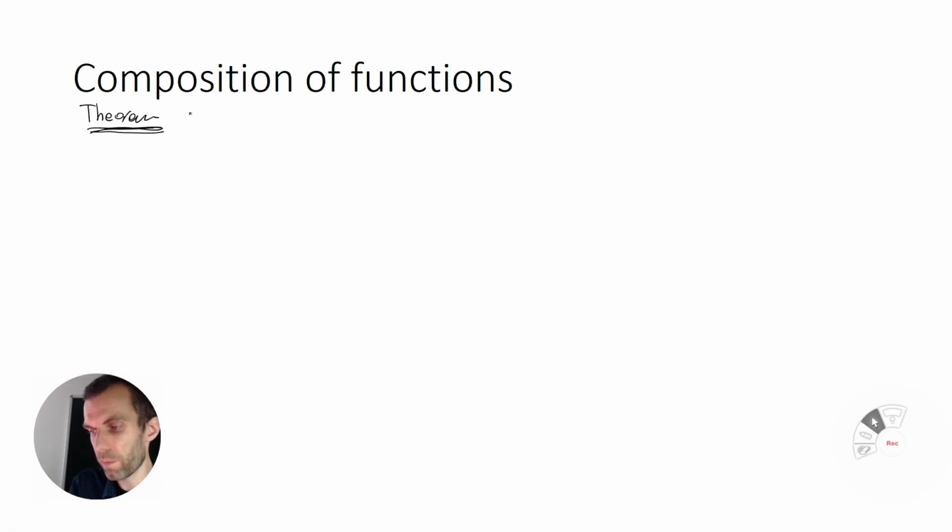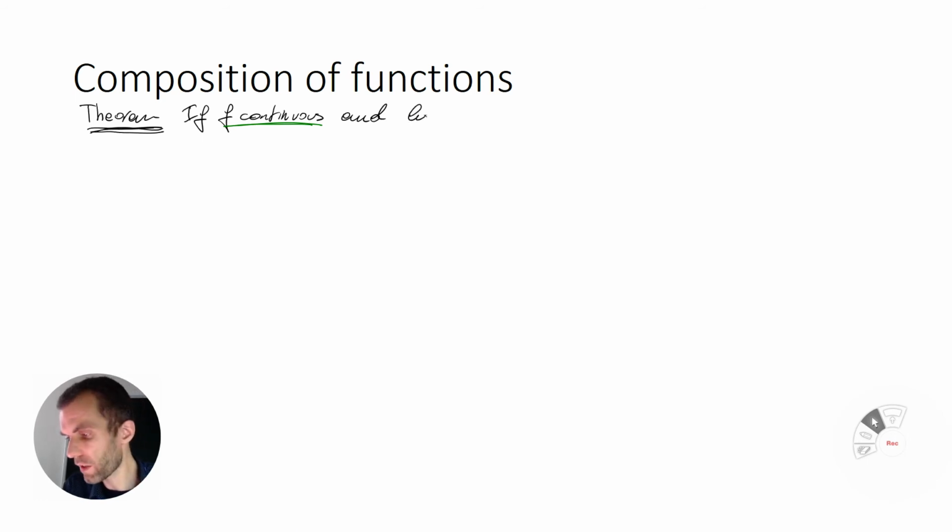So here we assume that f is continuous, and we have another function g of x for which the limit exists. So the limit of g of x as x goes to a is a certain value b.